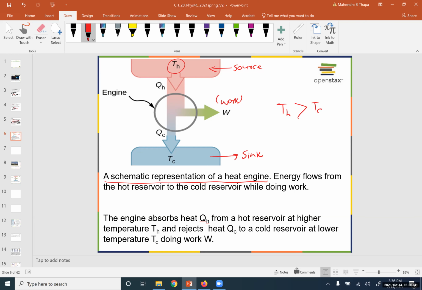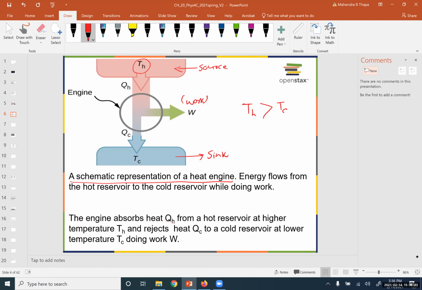Heat engines convert heat energy into mechanical energy, meaning work, but not completely, only partially. So this is the symbolic representation of the heat engine.